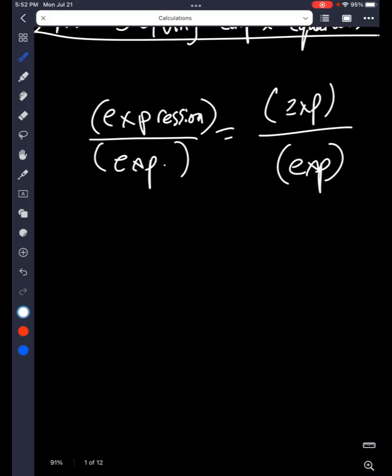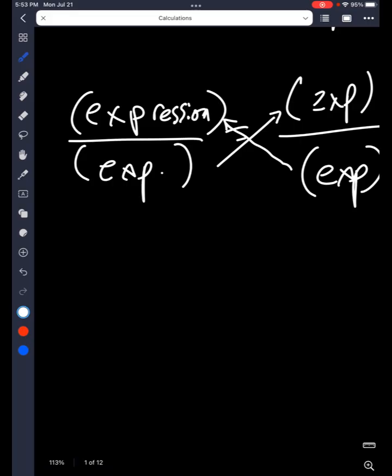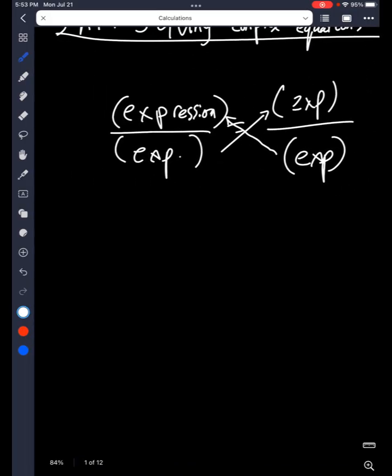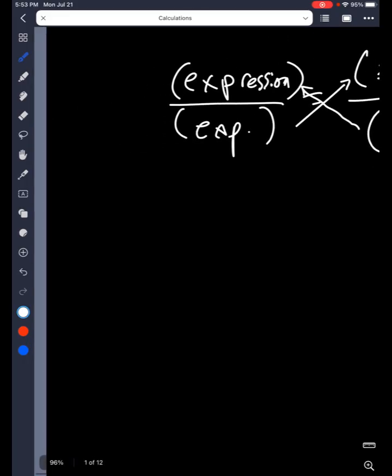In this case you would just multiply, and then solve for x. Now these can be quadratics, however, and you can easily solve for quadratics.